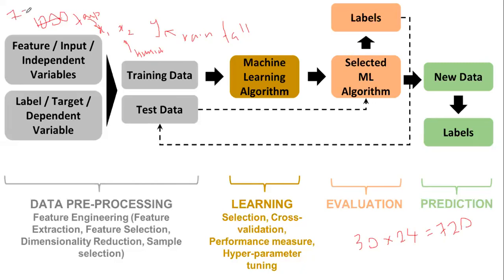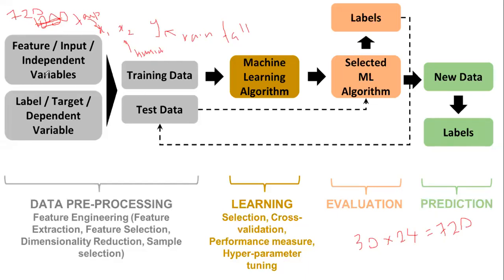Okay, we have 720 data points. Now we are going to make this computer learn with these data points. We are going to feed hourly temperature, hourly humidity, and hourly rainfall. So this is what we do.